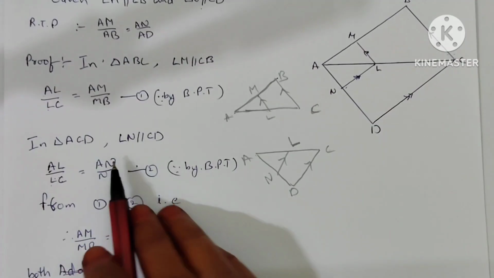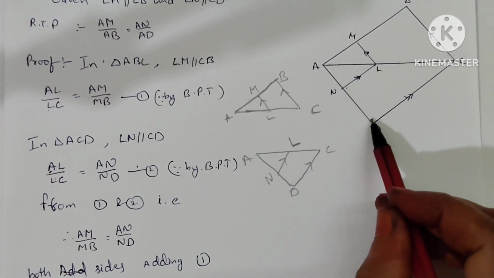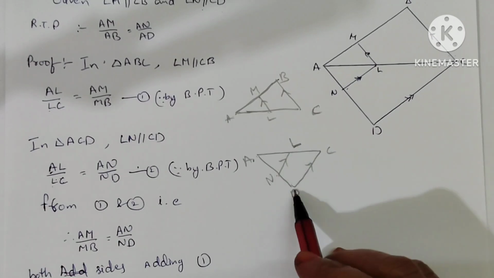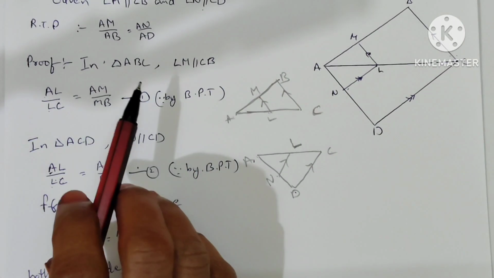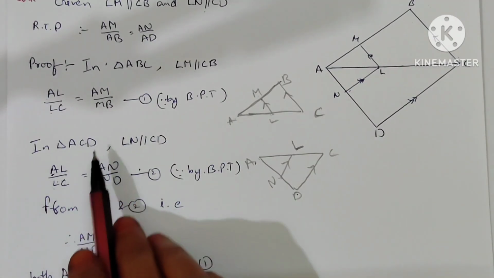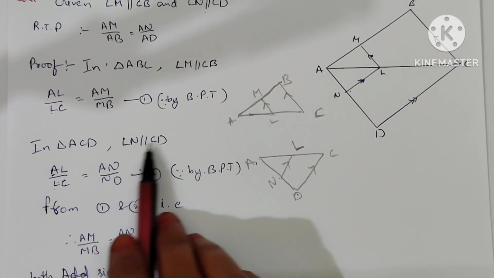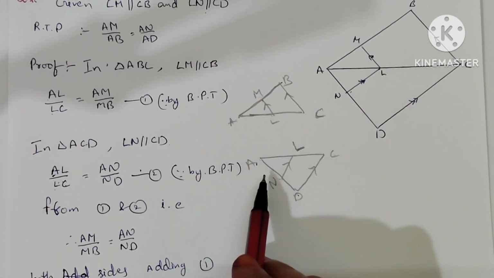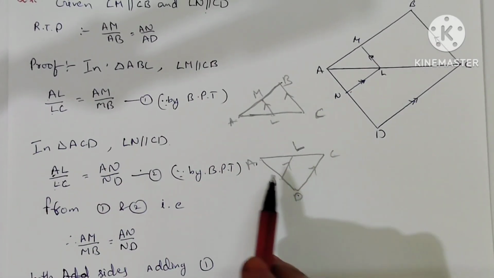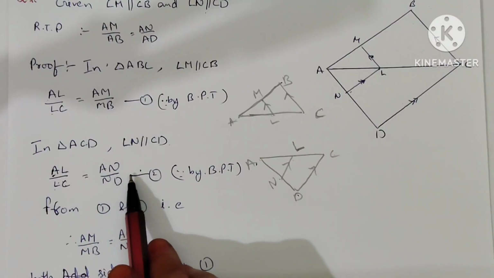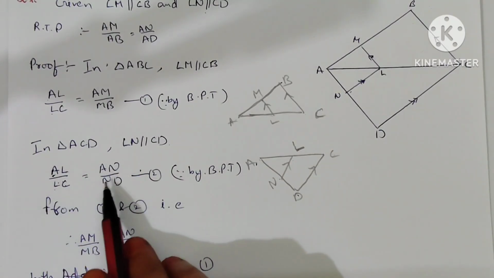That is given in the question. In triangle ACD, LN is parallel to CD. So we use the basic proportionality theorem: AL by LC equals AN by ND.